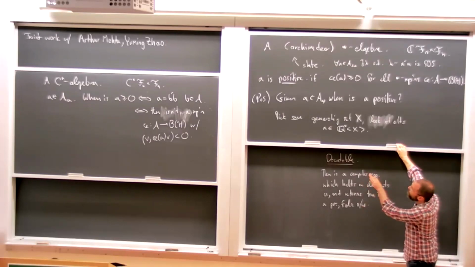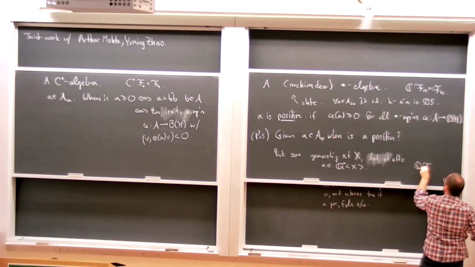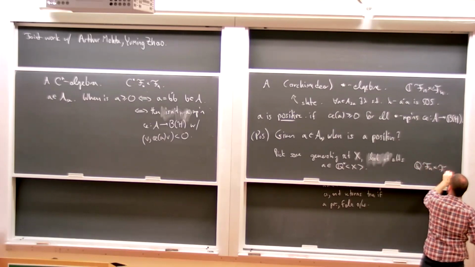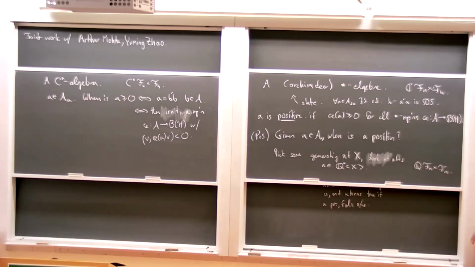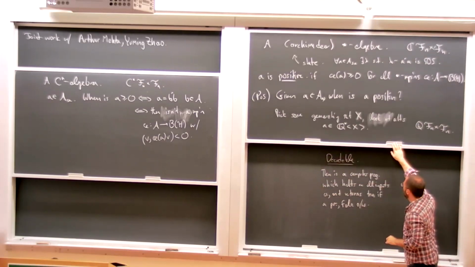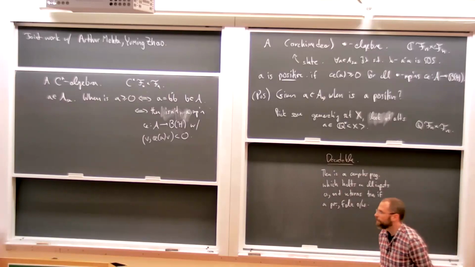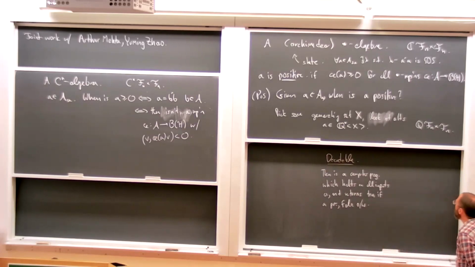So, for a concrete example here, we're really looking at things maybe from Q F_n cross F_n, or Q F_n, or whatever algebra that we're looking at, and asking about positivity of those. Yeah, so you mean for A?